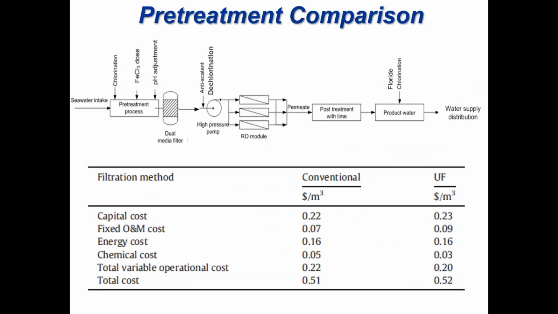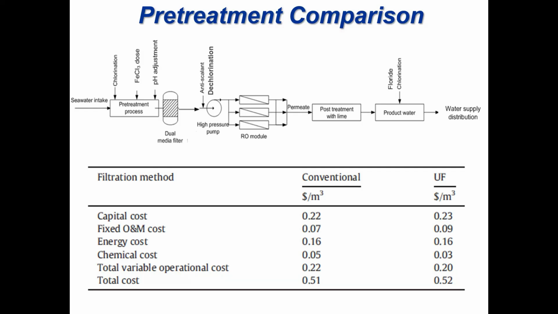Also pre-treatment. When you decide on pre-treatment, dual media filtration as the conventional process, or ultrafiltration, when you decide which one is better, ultrafiltration would be better, even though the capital cost is a little bit expensive.